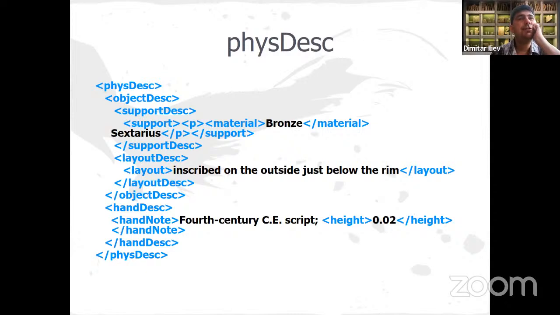You can have a description of the material support of your monument, where usually you have an indication of the material of which the monument is made. In our case, this will be, of course, stone predominantly.